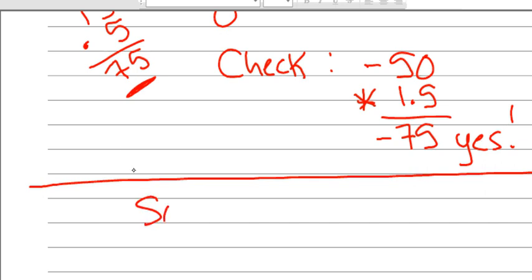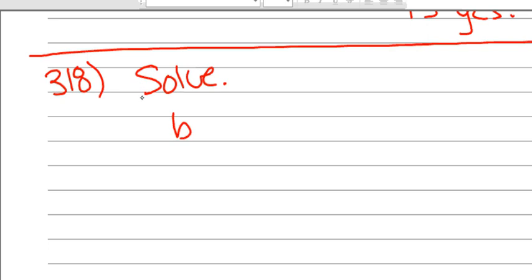I'm going to go to the last type of problem, and these are super easy. I'm going down to 318. And I'm still on page 466. So this is b over 0.3 equals -9.